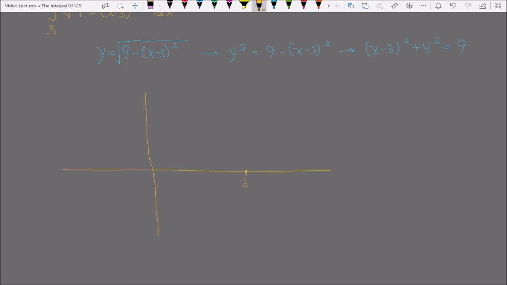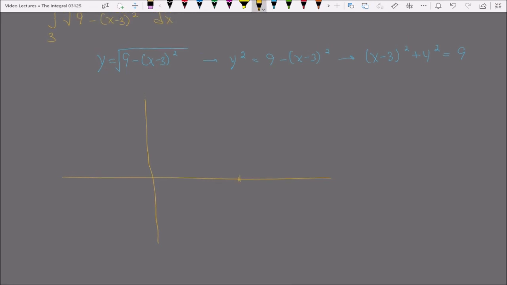Let's say that there. Now let's say this here is our 3. Right, that is our center.